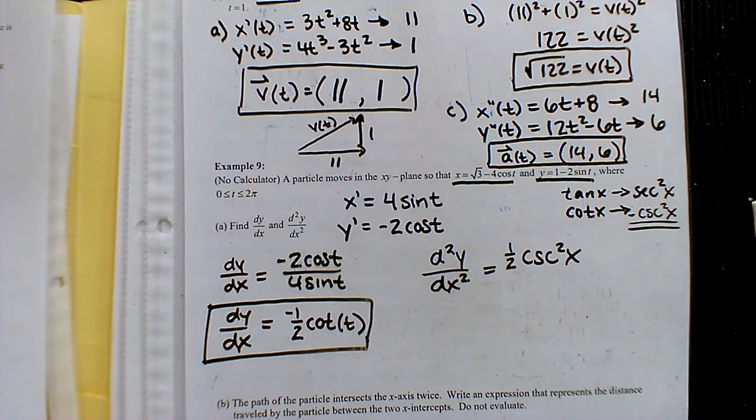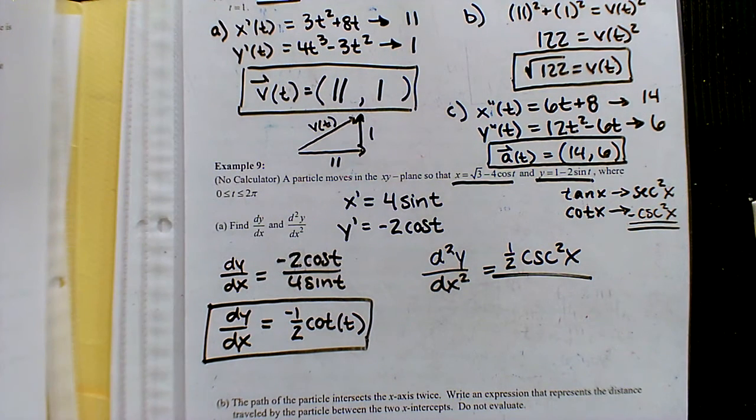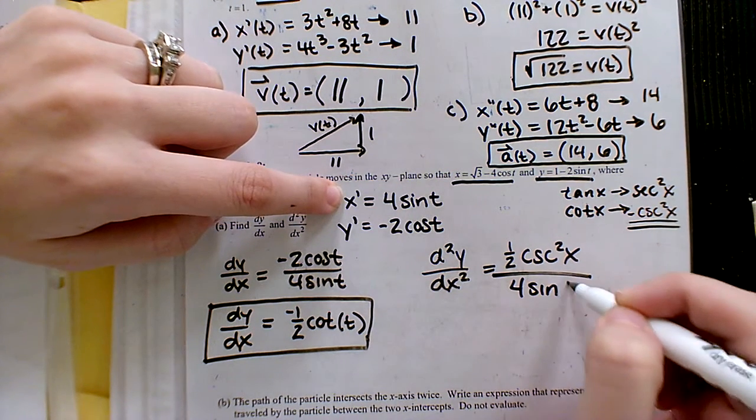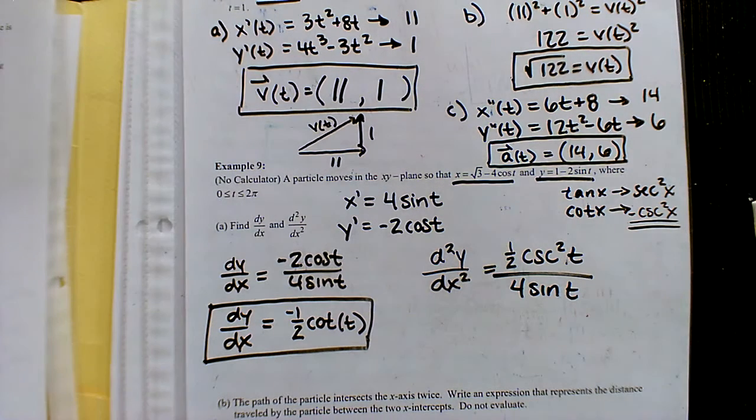So that's the derivative of the first derivative, but we got to divide that by the x derivative, which was 4 sine t. And I didn't mean to put an x there, it should be a t.